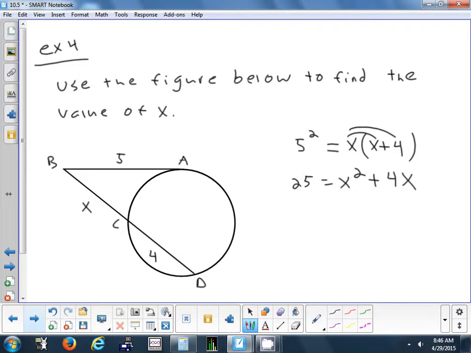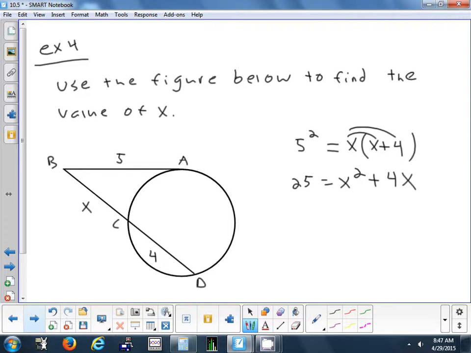Trinomial means there's 3 terms: 1, 2, 3. But when you have a trinomial and the highest exponent is a 2, it makes it what kind of equation? Not that tough. We've done this in Algebra 1. Quadratic. Very good. This is a quadratic equation.